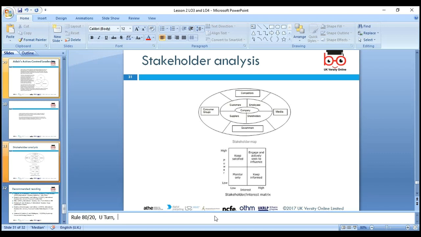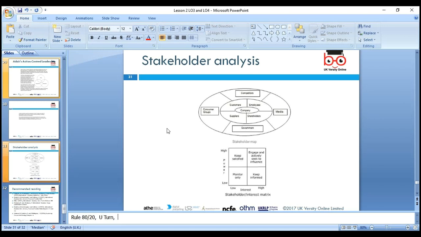So in the first place they said no, Brexit means Brexit. Labour is saying different things too. Sometimes we need to make a U-turn by looking at the external environment factors. But we need to make sure that if we change something, it keeps our stakeholders satisfied.